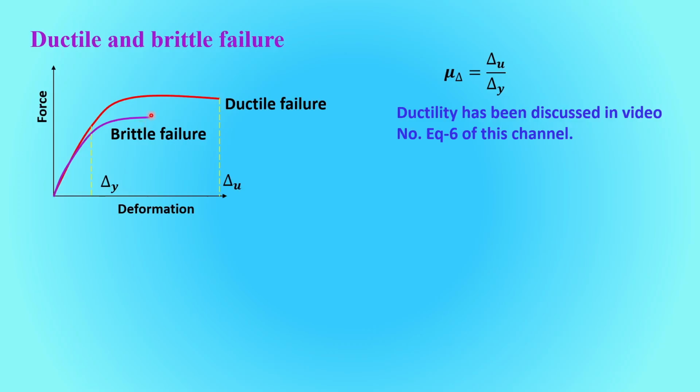That is not a good thing during an earthquake, when your system will be swinging to large displacements. So this contrast is clear, and we want a system which is ductile, so that it undergoes large displacement, has more ductility, and is also able to dissipate the absorbed energy.